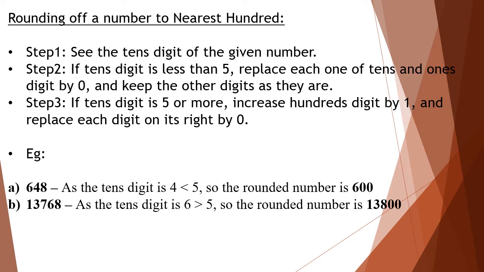Similarly, in the next one, 13768, the tens digit is 6, which is greater than 5. So we are increasing the hundreds digit by 1 and putting 0 in the tens and the ones place and keeping all the rest the same. So the rounded off number is 13800.